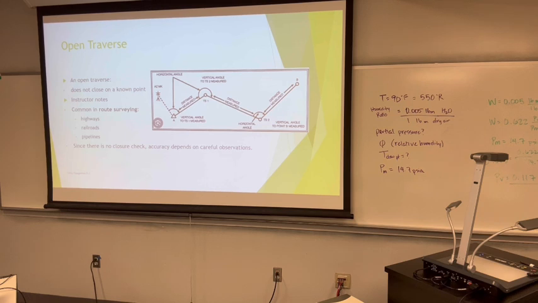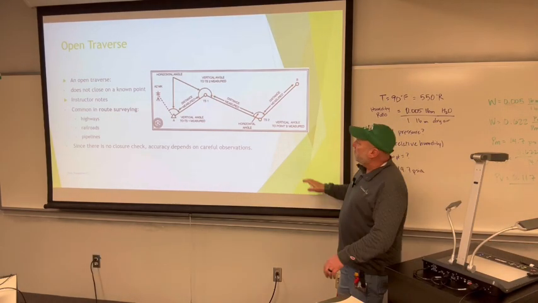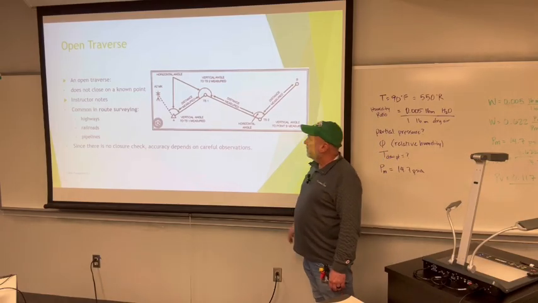Open traverse does not close on a known point. Common in route surveying for highways, railroads, pipelines. Since there is no real closure check, accuracy depends on careful observations. Hopefully you do have like a known point you're going to.